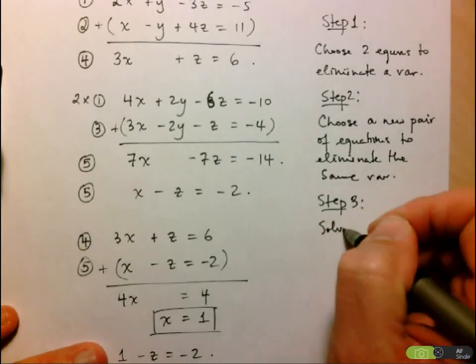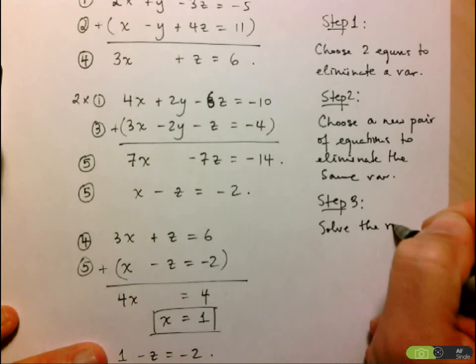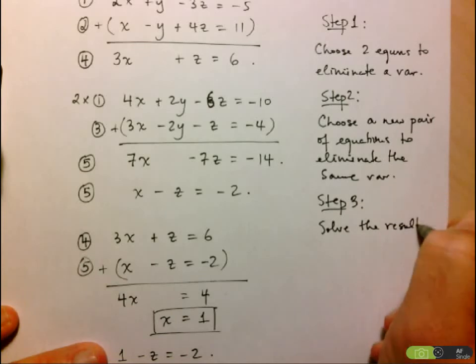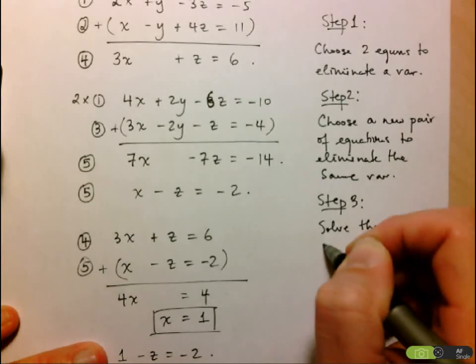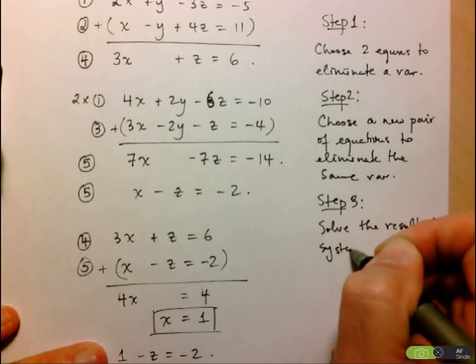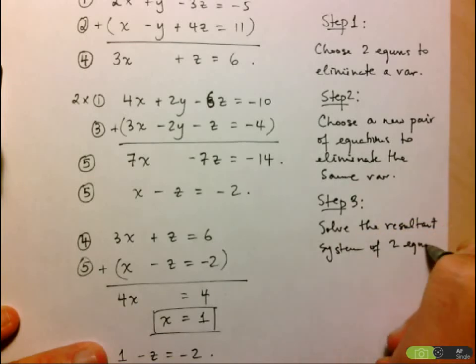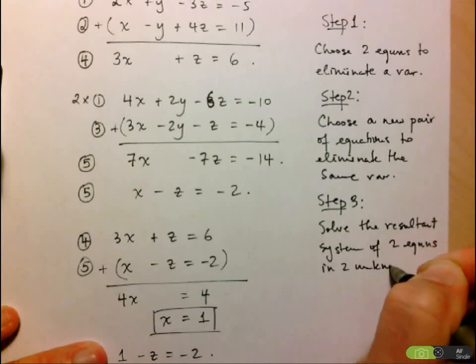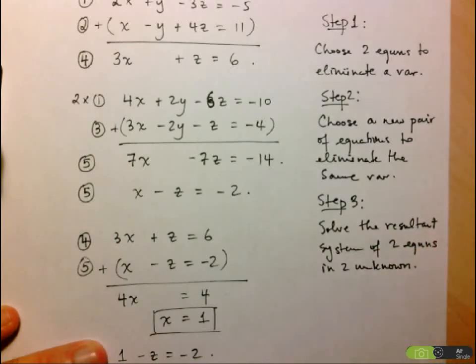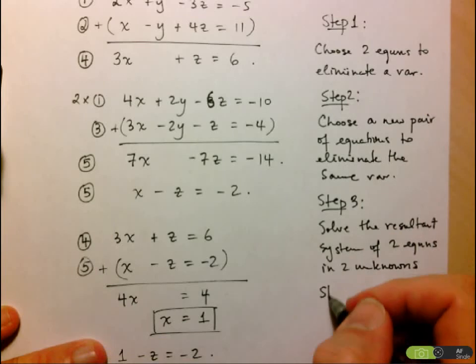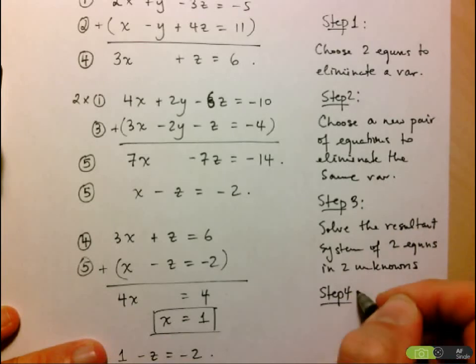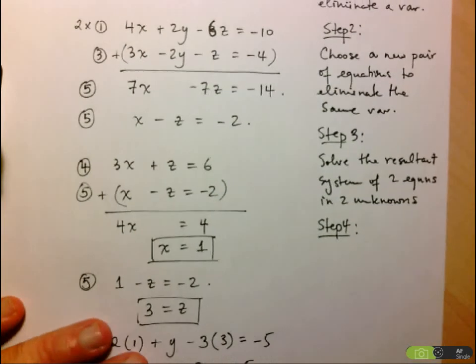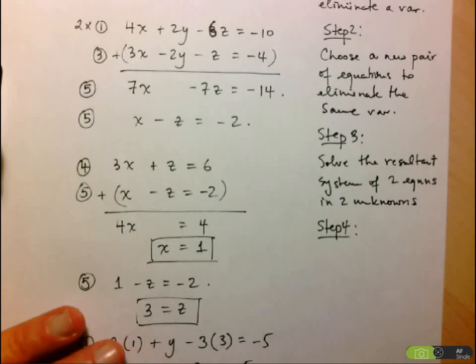So solve the resultant system of two equations and two unknowns. Okay, and then finally step 4 is to take these two values and input them into one of the equations to solve for the third variable.